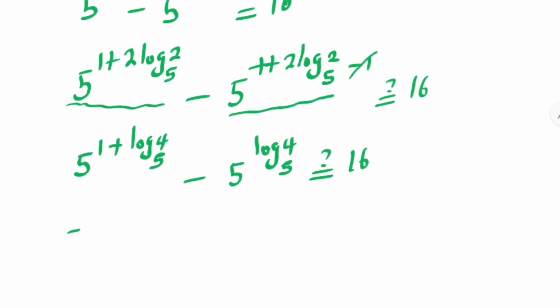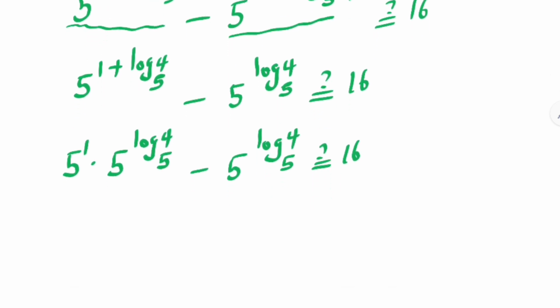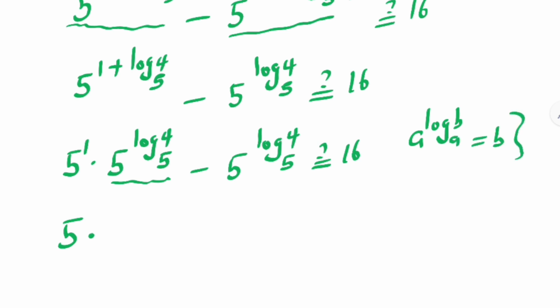Now this is 5 raised to power 1 multiplied by 5 raised to power log 4 base 5 minus 5 raised to power log 4 base 5 must be equal to 16. 5 raised to power 1 is 5 multiplied by the whole of this is, if you have a raised to power log b base a, this is equal to b.